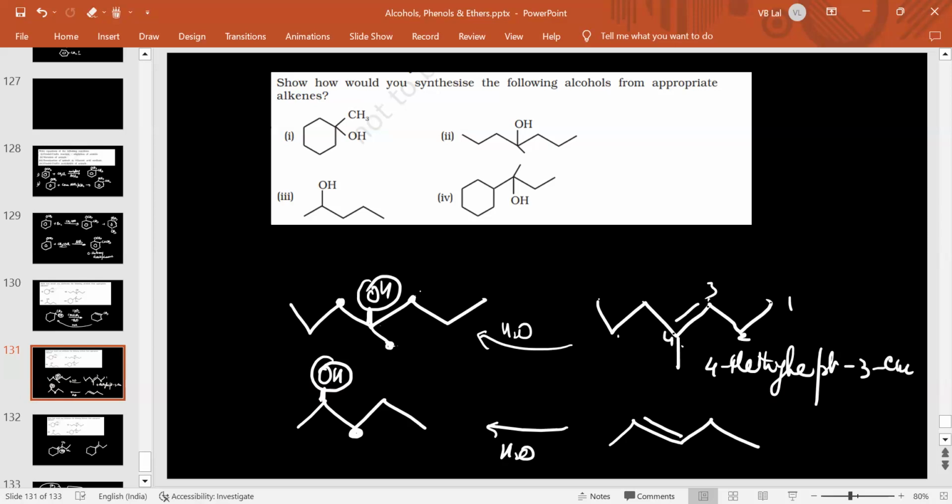So 4-methyl hept-3-ene. Okay, any other doubt? And for third one, it is pentene, no, miss. Pentene, yes. 1, 2, 3, 4, 5. So pentene or 2-pentene, whatever you want.